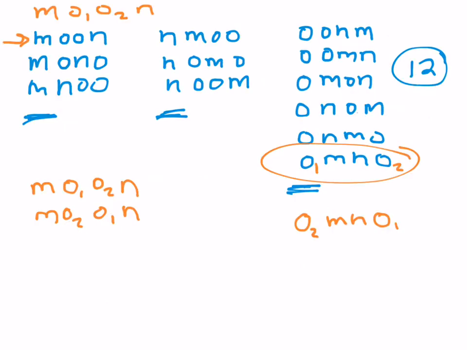The key is in recognizing how many different ways there are to arrange the letter that's repeating. In the moon problem, if you have 2 O's, let me do a new page here, and you look at how many ways there are to arrange them, that's just 2 times 1, or 2 different ways.